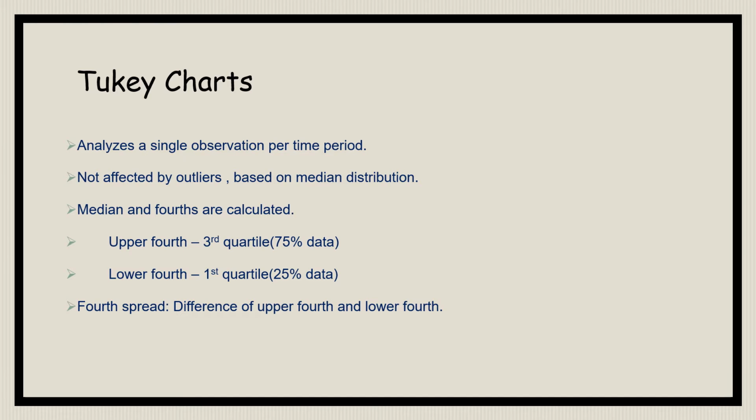Here, we calculate the median and the fourths, which include the upper fourth that represents 75% of the data and is otherwise referred to as the third quartile, and the lower fourth, which represents 25% of the data and is also referred to as the first quartile. Then we also have to determine the fourth spread, which is the difference of the upper and the lower fourth.